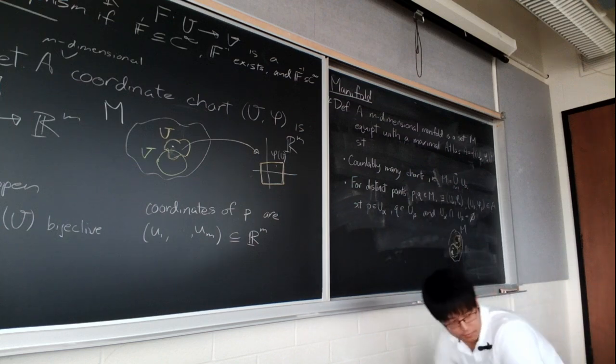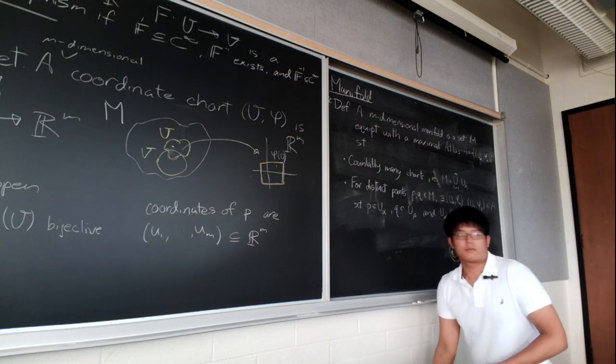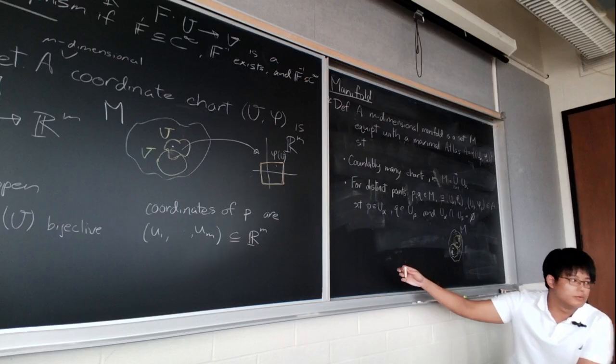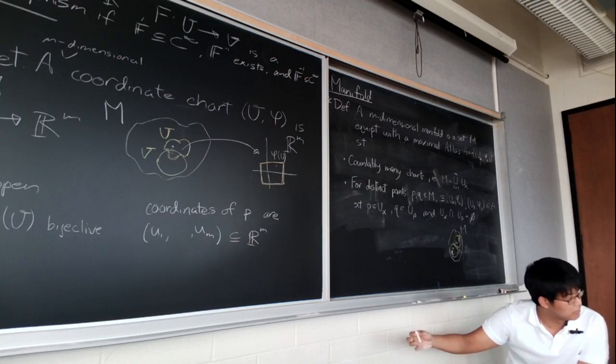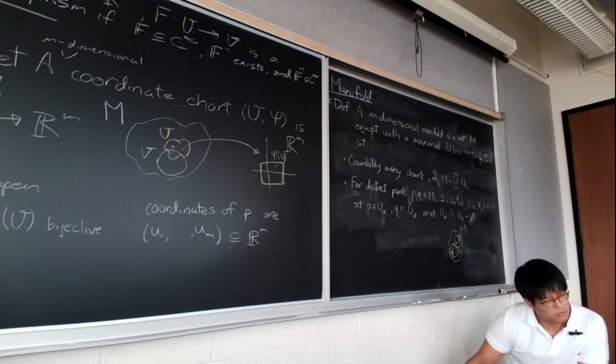There should exist a smooth function that is what at these two points? If I evaluate a function at two points, it should be different.